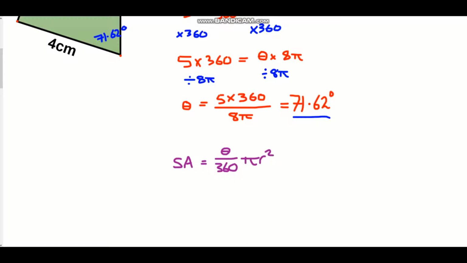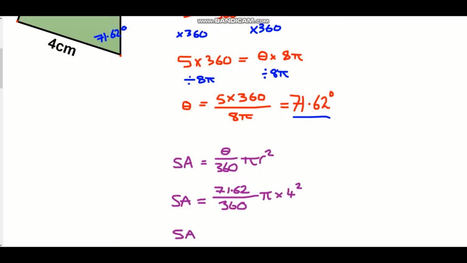Put in the information you know: sector area is equal to 71.62, that's what we've just found, divided by 360, times pi, times my radius, which is 4 squared.